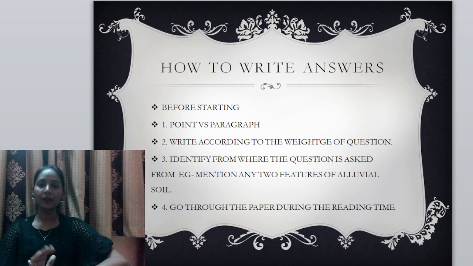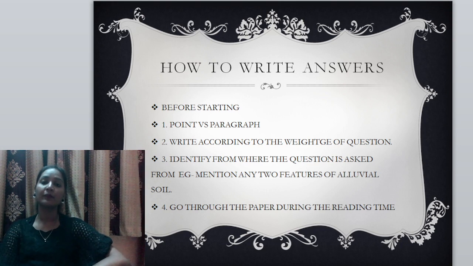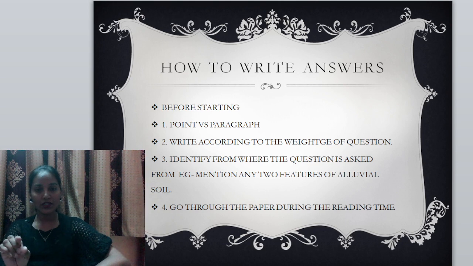Now next is identify from where the question is asked. For example, mention any 2 features of alluvial soil. The features are very few, 2-3 features are there, and if the question is asked for 5 marks, then children ask, ma'am, how to write 5 points? Only 3 features are there, how to write 5 points? So I'll suggest what you have to do: when you are reading the question, you need to identify which lesson this question is from.